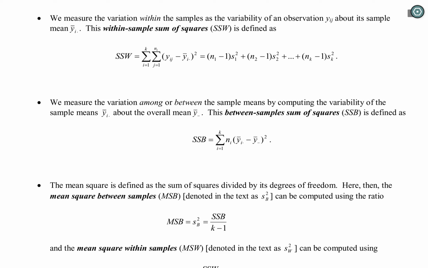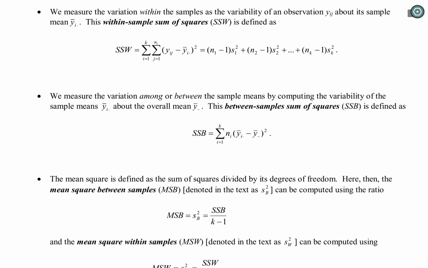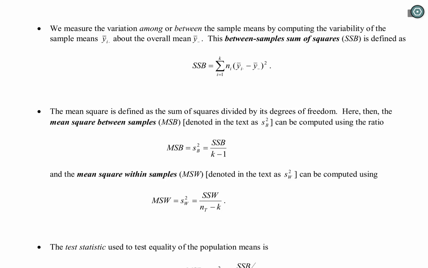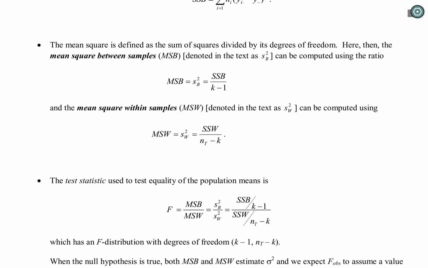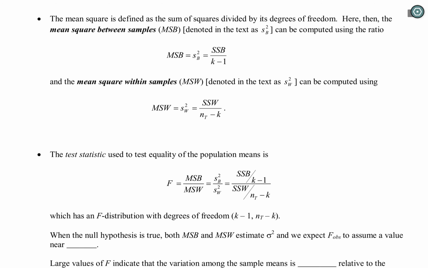Okay. Now, what we do with these sums of squares is we compute what's called mean squares. And a mean square is defined as the sum of squares divided by its degrees of freedom. The degrees of freedom for SSB turns out to be k minus 1, the number of samples minus 1.